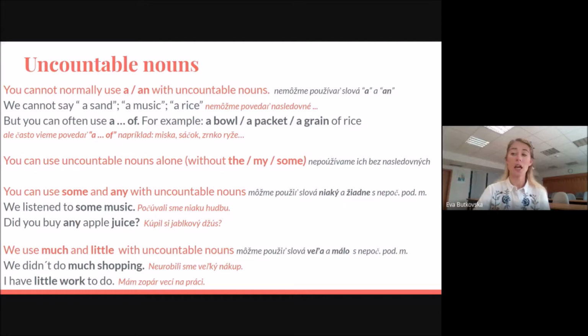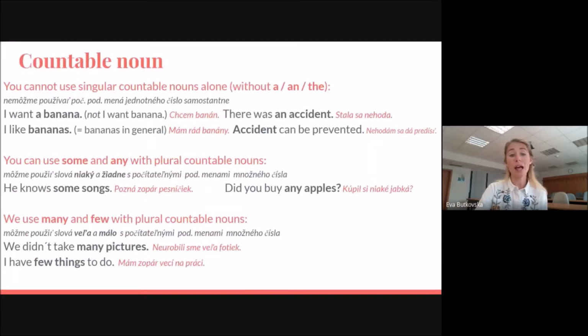And the opposite of much for uncountable nouns is little. So I would say, I have little work to do, or there is little milk left. Remember, uncountable nouns go with much and little, and countable nouns with many and few. This is important for you to really remember from this lesson.